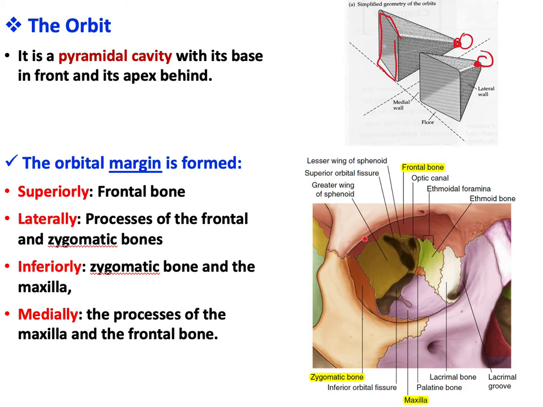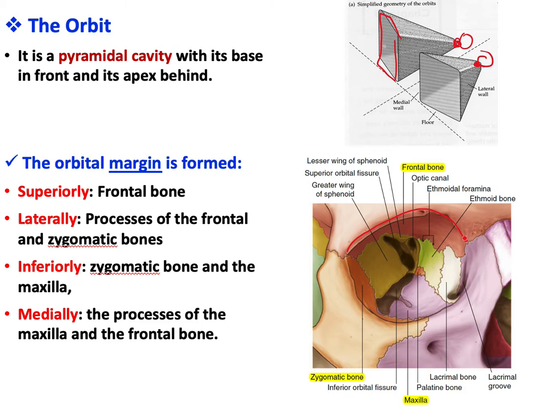When you say margin, that means just the bridge outside, the edge outside. To make it easier to remember, all margins are formed of two bones except the superior one, which is formed by the frontal bone.